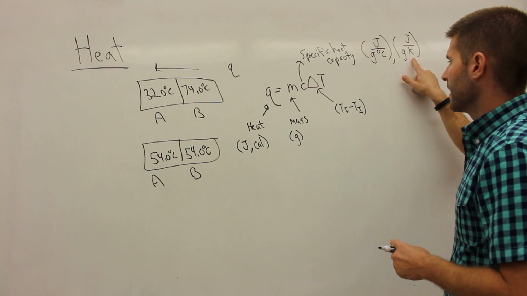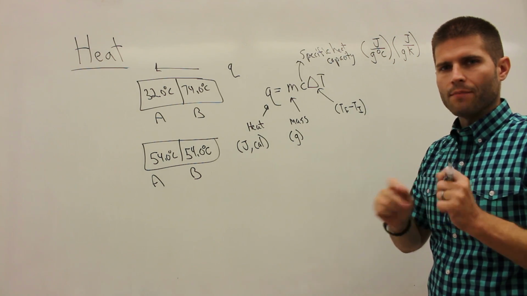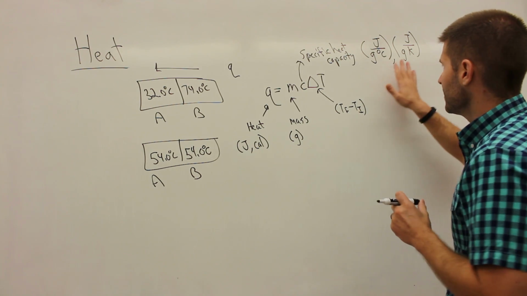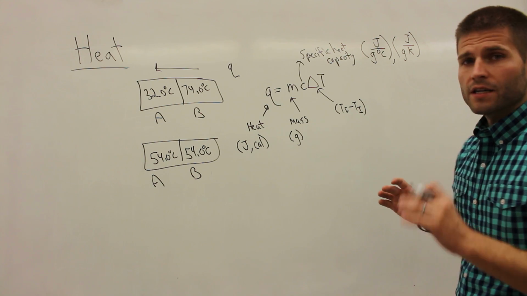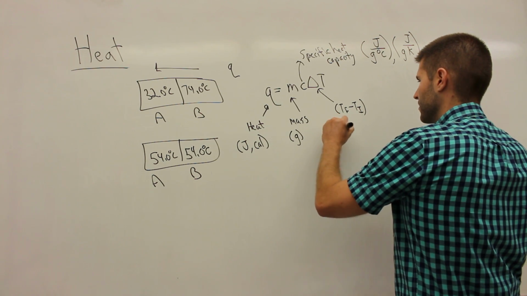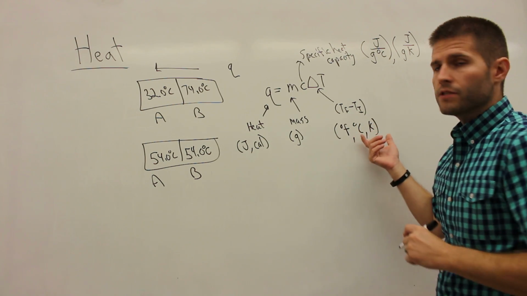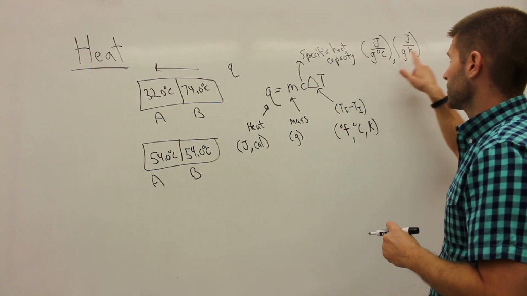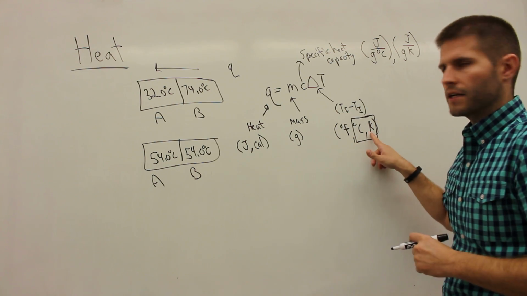Degrees Celsius and kelvins in this case will end up becoming the same type of unit when we talk about the delta T. Okay, so let's see. Delta T can be in degrees Fahrenheit, degrees Celsius, or kelvins. Usually we're going to be talking about degrees Celsius or kelvins.